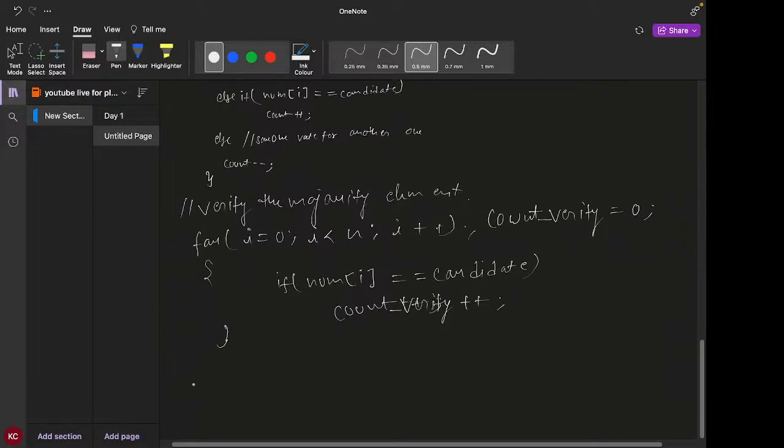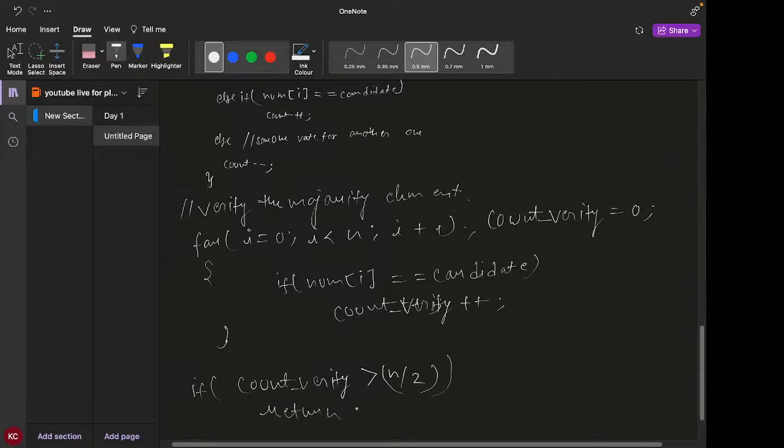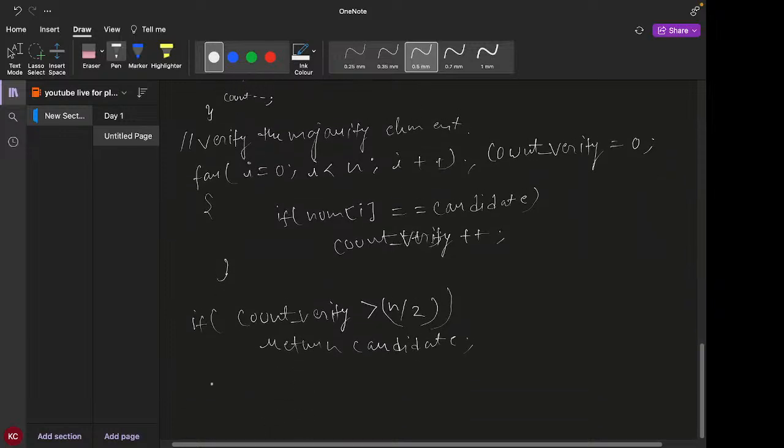And at last if count verify is greater than n by 2, then return the candidate that wins, or return -1. There is no active candidate.